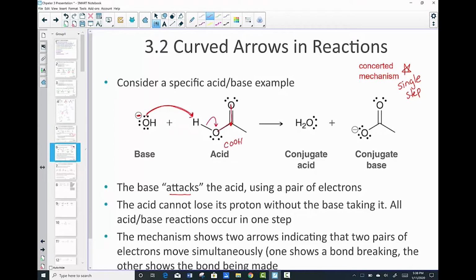This proton is then removed, causing the bond to collapse back onto the oxygen. The bond turns into a pair of dots, putting a negative charge on that oxide. The conjugate acid of hydroxide is water. And so the base has a conjugate acid. The acid has a conjugate base. Remember, the acid cannot lose its proton without the base taking it. All acid-base reactions occur simultaneously. Even though there are two arrows, they occur at the same time.